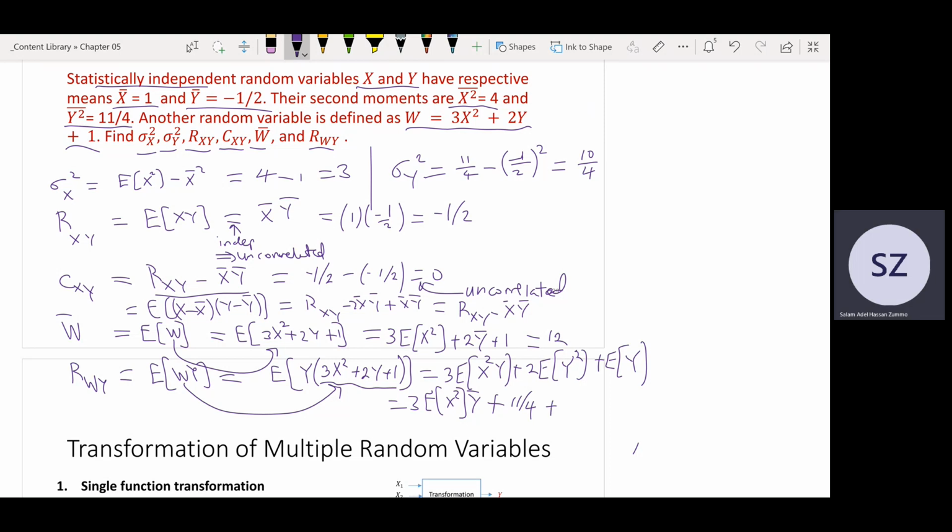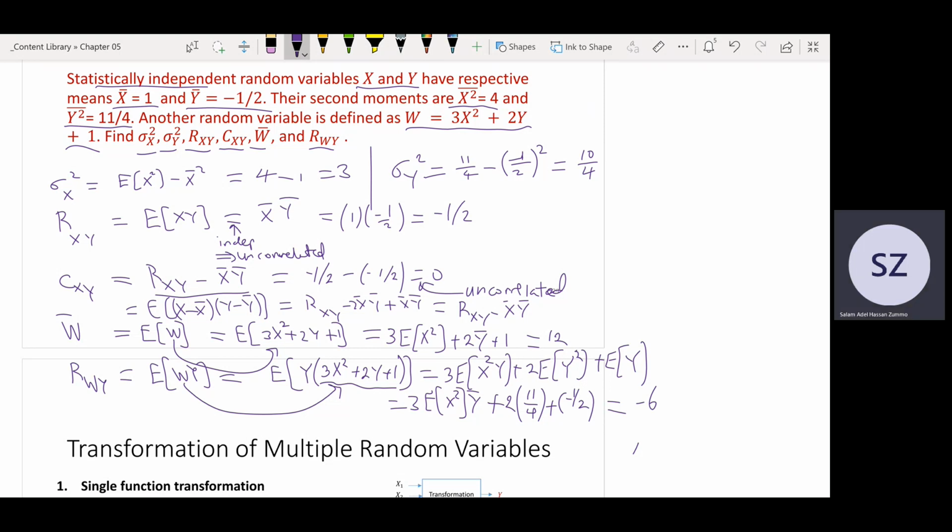Expected value of y, which is minus 11 over 2, thank you. There is a 2, so it's 2 multiplied by 11 over 2. And then, what is this? This is the expected value of x squared, which is given, multiplied by minus half, blah, blah, blah. How much is it? Minus 6, I believe.